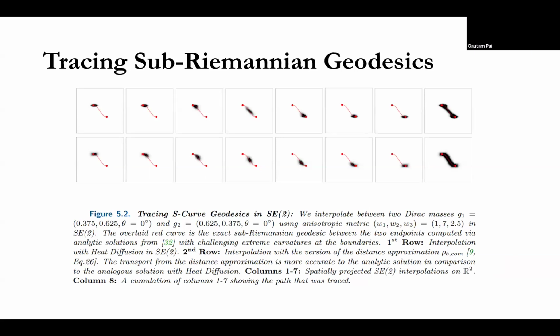If W3 was very high, the path on the side would be a straight line. Over here, W1 is smaller than W2, which means that it's much cheaper to move forward than to move sideways.